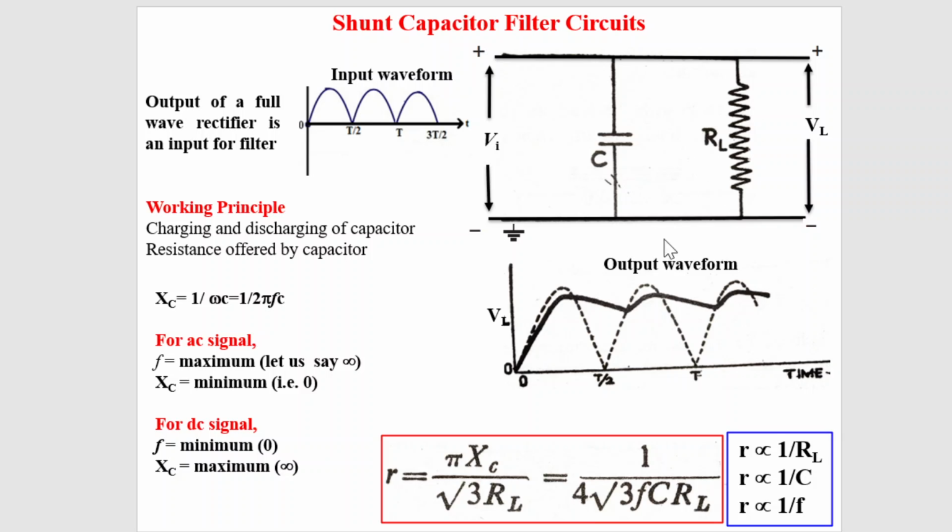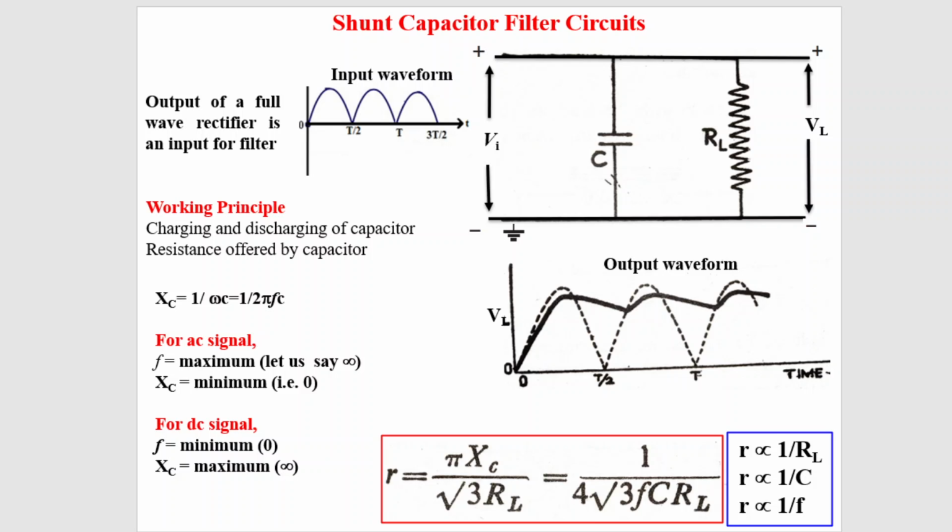For a shunt capacitor filter circuit, the ripple factor should be minimum, and to obtain it, the load resistance should be very high. That means a shunt capacitor filter circuit can be used when the load resistance is very large. So this is the working principle and a few basic concepts of the shunt capacitor filter circuit.